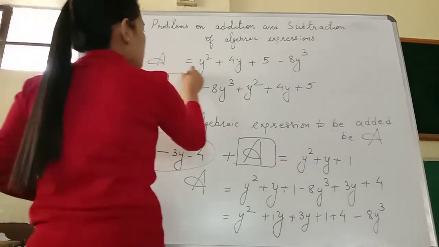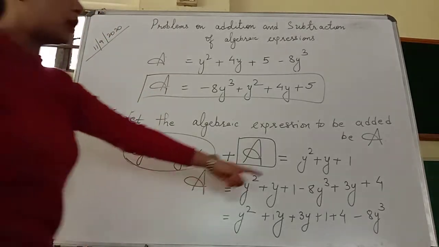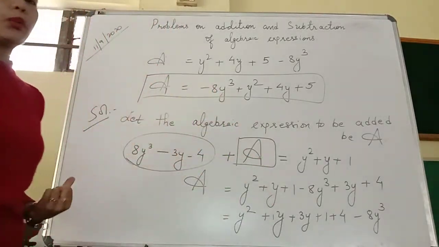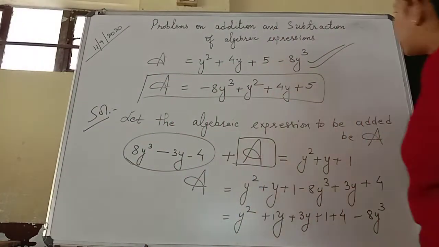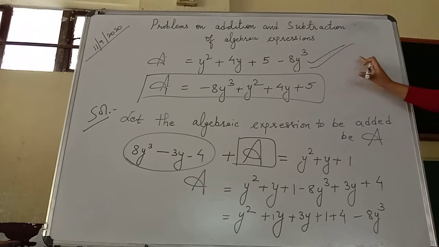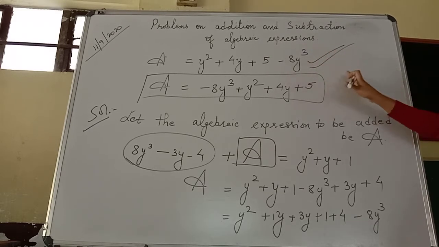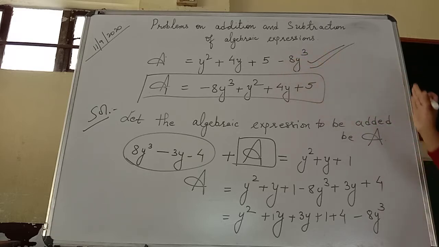So this is the expression to be added to get y squared plus y plus 1. So this is the required answer. Okay, children, if you stop here, if you find out the value of a and leave it like this, then also this is not wrong. This is the right answer because the sequence in which you write the terms does not matter.